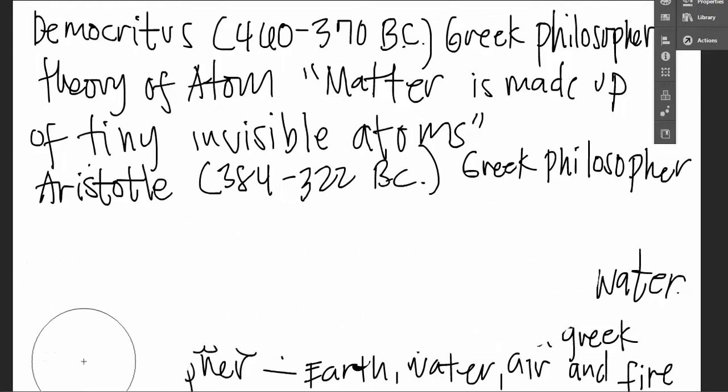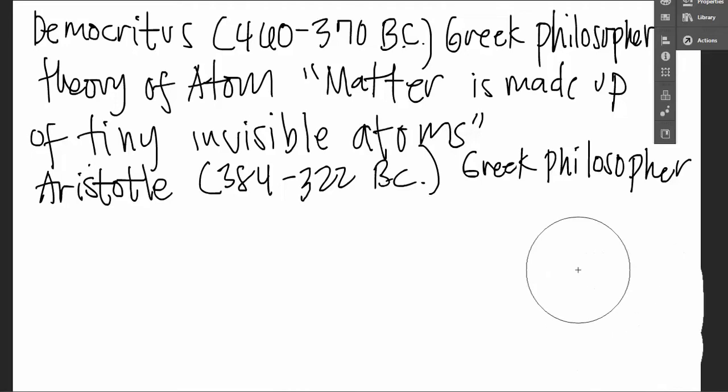A Greek philosopher rejected Democritus' theory. I later challenged Democritus about his proposed theory, wherein he rejected it.